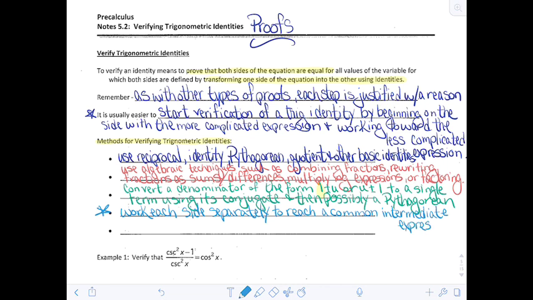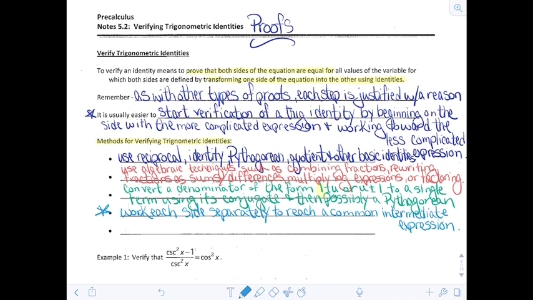So in other words, instead of trying to find the side that's more complicated, you kind of try to work both sides down and meet somewhere in the middle when you get them both equal. I'm going to be honest, that's not how I'm going to show you to do a lot of these. It tends to just be easier to focus on one side and manipulate it using the identities into the other side. Okay?